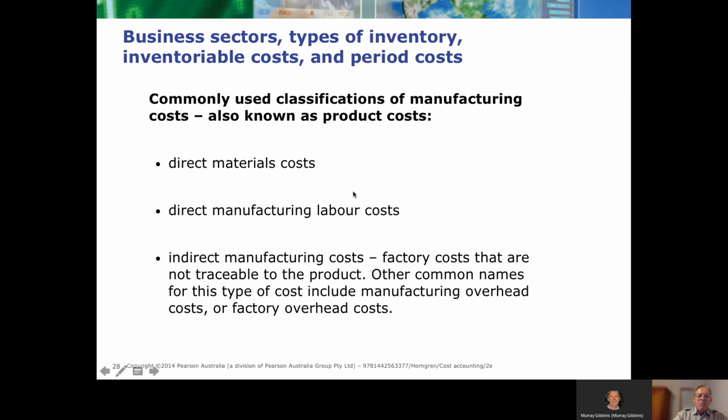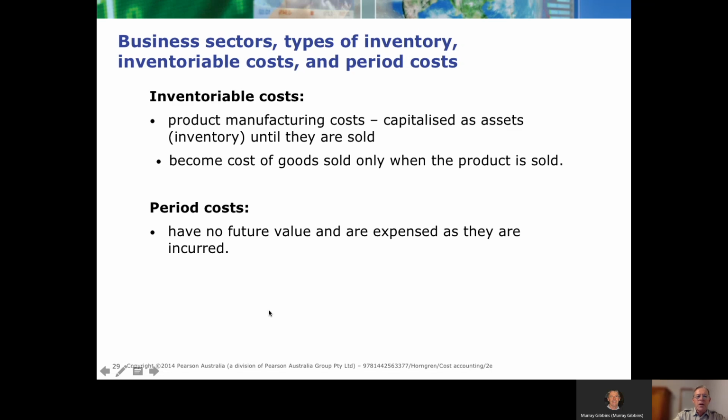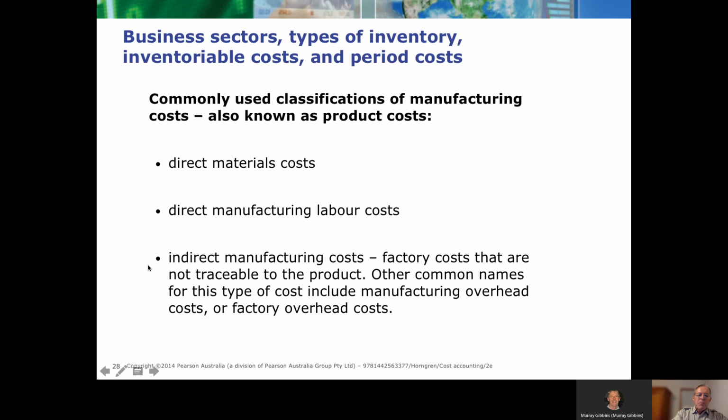So these are the 3 main component parts: direct material, direct labour, and all of our other manufacturing overhead costs, indirect manufacturing costs, manufacturing overheads essentially. So those 3 costs become product costs.